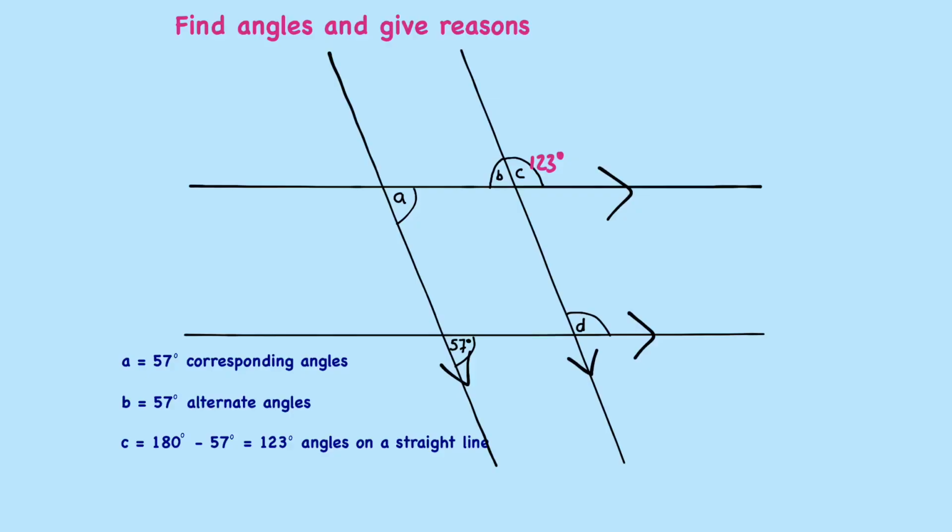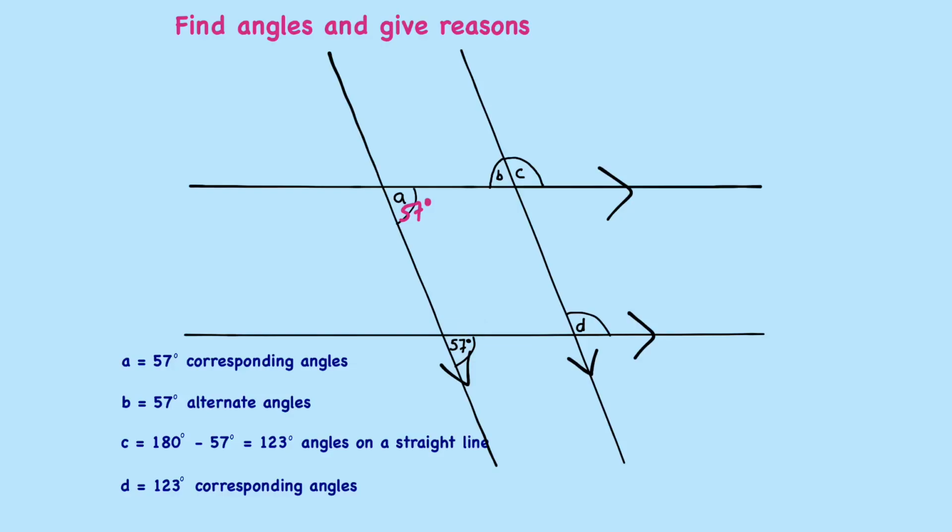I've just found that C is 123 degrees, and I want to find D, and I can actually see an upside down F shape. If I draw this here, so I can see that these two angles are equal, so therefore D is 123 degrees. So to recap, I found A first, which was 57 degrees, because I used the corresponding angles.